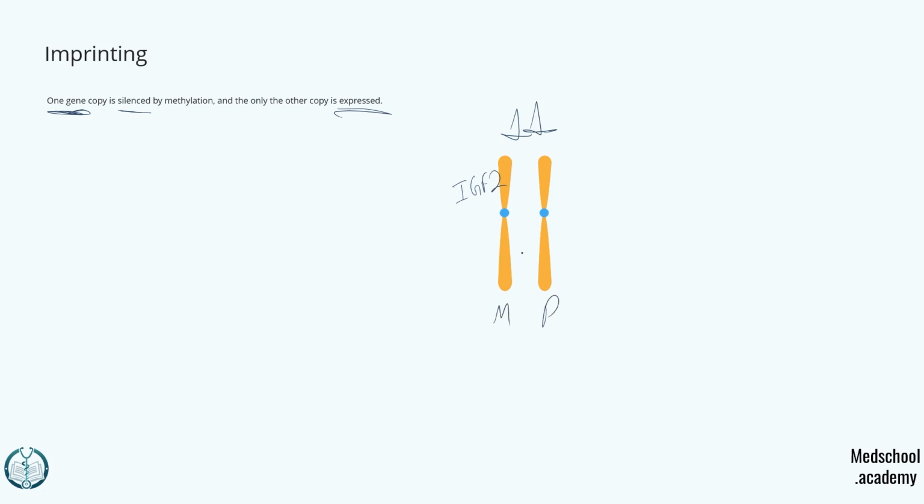Usually, the maternal side is imprinted and the paternal side will be expressed. So that's normal. But if the expressed gene, the one that is supposed to be expressed, is mutated, then that could lead to pathologies. It's also known as disorder of imprinting.